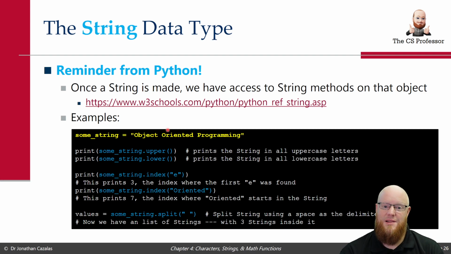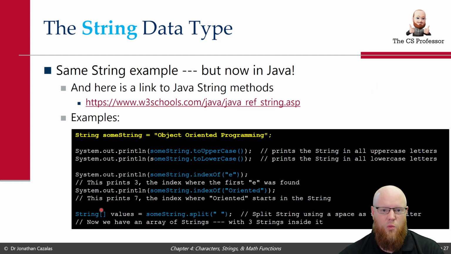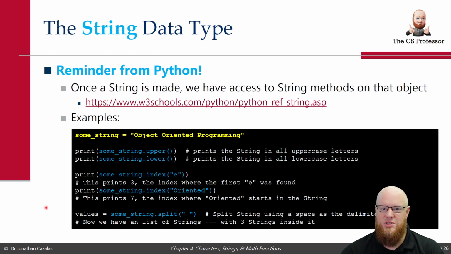And now we will have a list in Python, a list with 3 strings inside it. Pretty similar to Java. We're not using a list, now we're using an array. So the data type here is an array, which is those 2 brackets right here in Java. This is an array of size 3 strings, and how do we do it? We simply did SumString.split. The only purpose of these 2 slides was to show you how similar these 2 languages were with respect to the methods on strings.